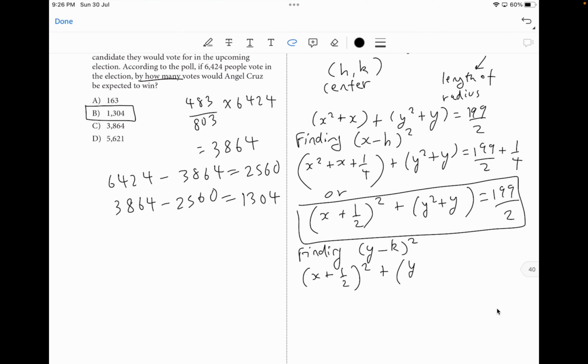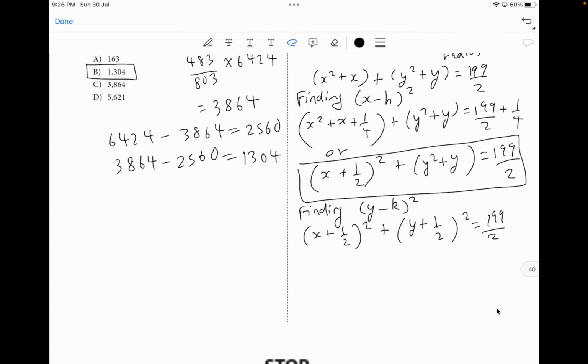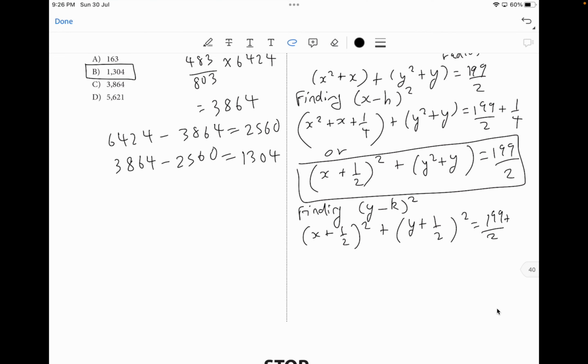And then you do y plus half squared is equal to 199 divided by 2, plus you're going to double the quarters that is added. You're just going to double the quarters added. And this form will help us to obtain y minus k squared.